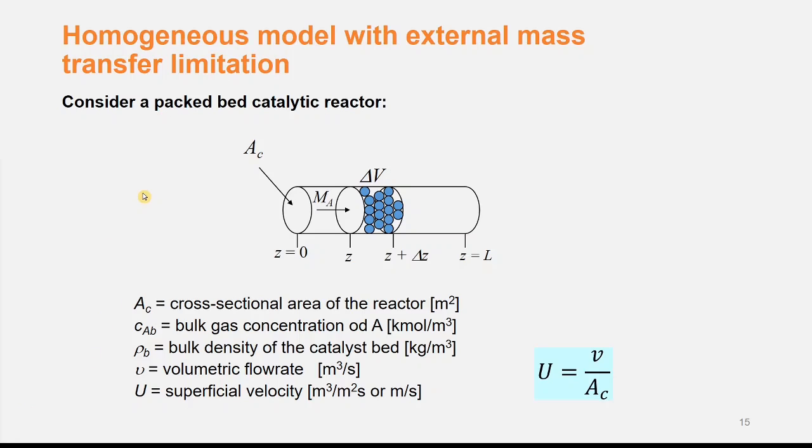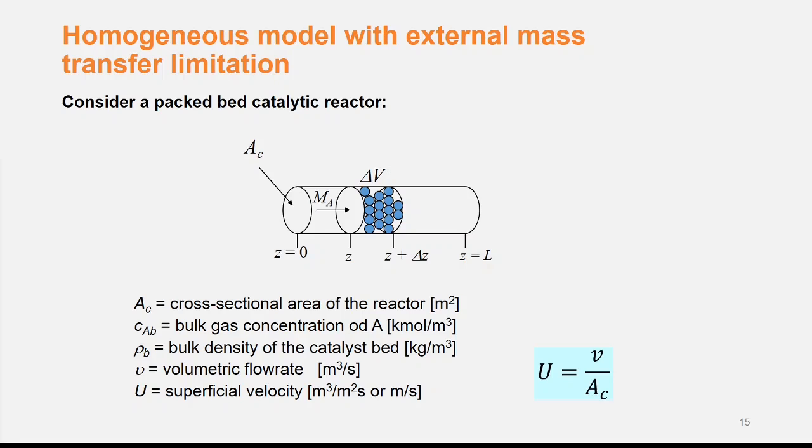Now that we have a way of relating the overall reaction rate to the bulk fluid concentration, we are ready to develop models of whole reactors so that we can design them and analyze their performance. We will start with a homogeneous model of a packed bed catalytic reactor, accounting for the external mass transfer limitation, as well as, of course, internal resistance in the pellets.